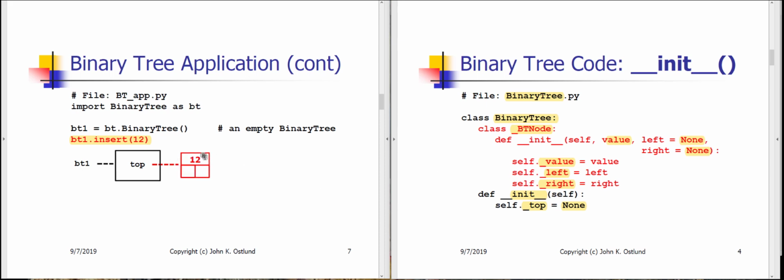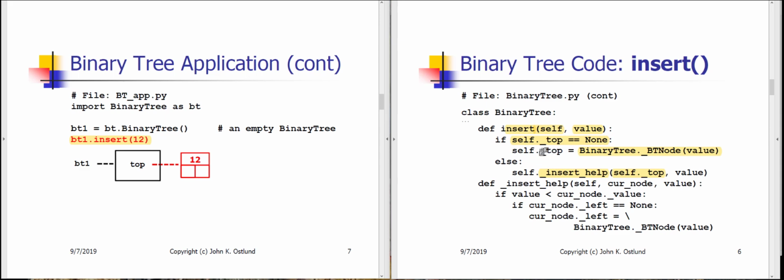object, initialize the value part to 12, initialize left to refer to none, and initialize right to refer to none. All right, so there is our newly allocated BT node. And rather than cluttering up the screen by having the underscore left side refer to none and the underscore right side refer to none, it's common in a diagram to just have empty boxes for the left and right references to indicate that they don't currently refer to any node.